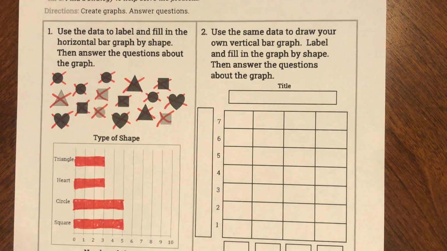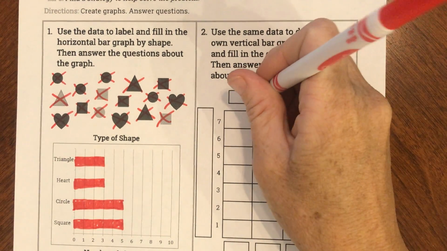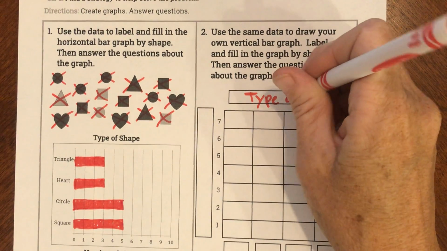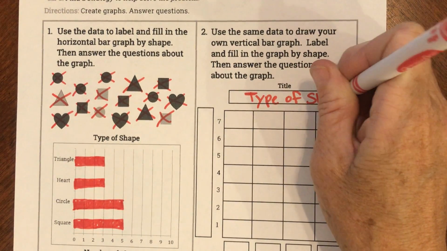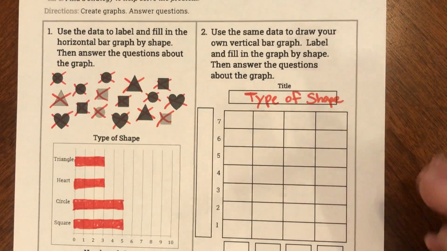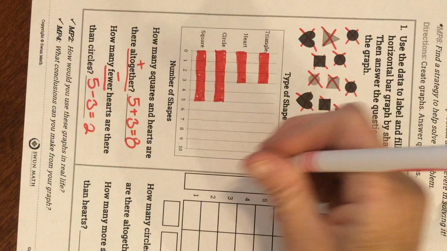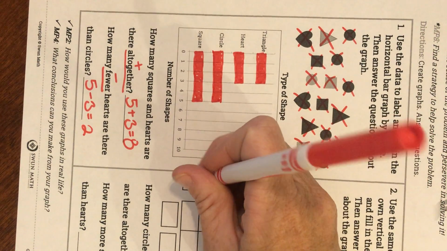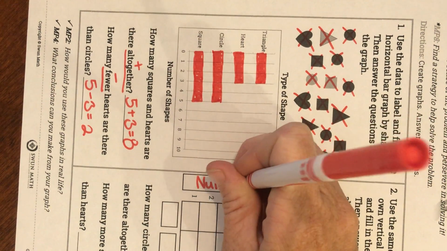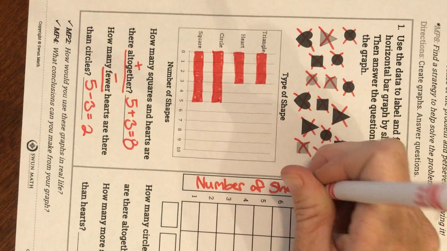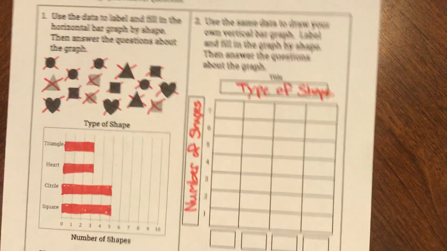Okay, so my title would be type of shape. And here's my scale, which represents, I'm going to turn this, it represents the number of shapes. That's what my numbers represent.